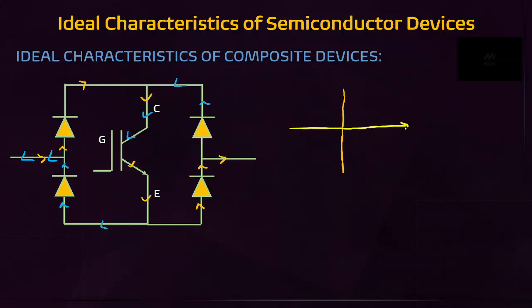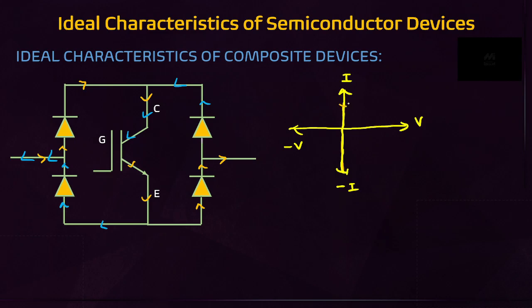If you draw the characteristics for this one, this is I, minus I, V, minus V, students. Unless otherwise specified, take the current on the y-axis and voltage on the x-axis.